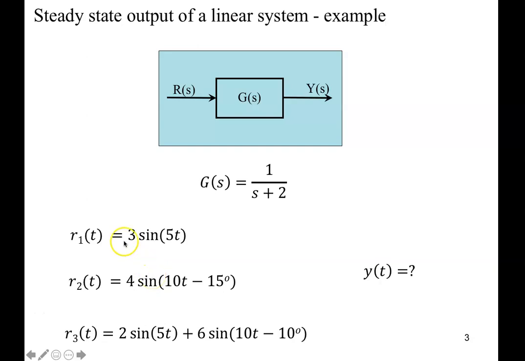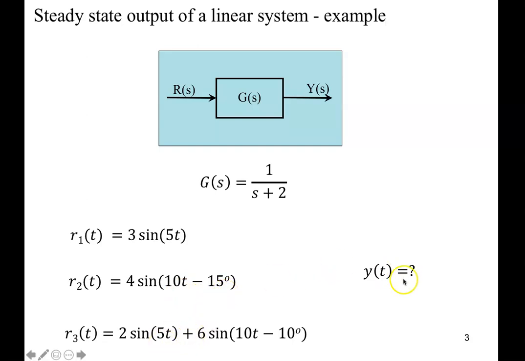R1 equals 3 sine 5t. That's the first one, and I want to find out the output. For R2, I'm changing the input signal, but it's still a sine wave. This time it's 4 sine (10t minus 15 degrees).